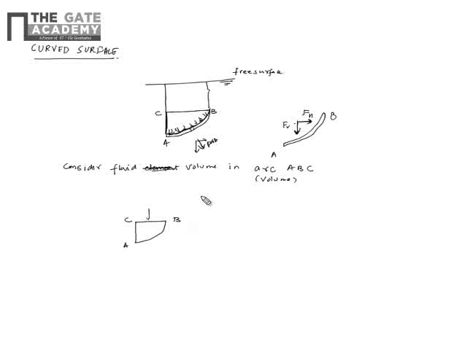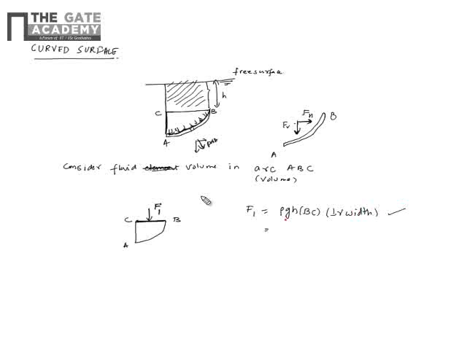You have a top force which you get because of the water present above; this is like a horizontal surface, so you know the pressure there. Let's call it F1. F1 is rho g h, where this height is h, into the projection BC into the perpendicular width. So you can get F1.